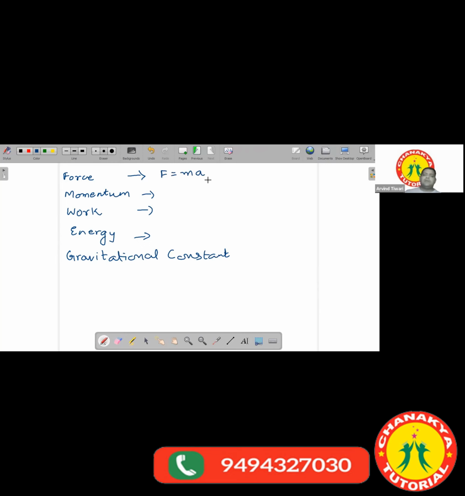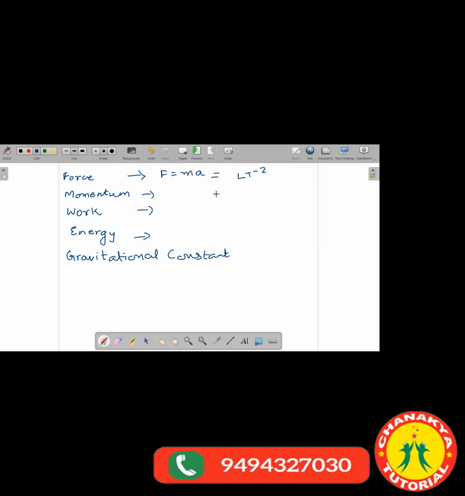So Pritam, can you tell the dimensional formula of force? Use your notebook. Acceleration is LT minus 2, which we just found out.